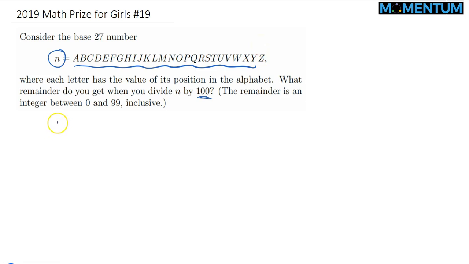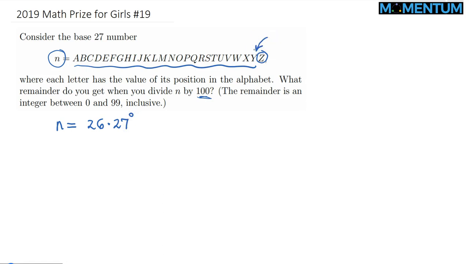So n is just equal to, well, Z is in the units position, and it's the 26th letter of the alphabet. We are in base 27, so let me write it as 27 to the 0th power. That's the units digit.